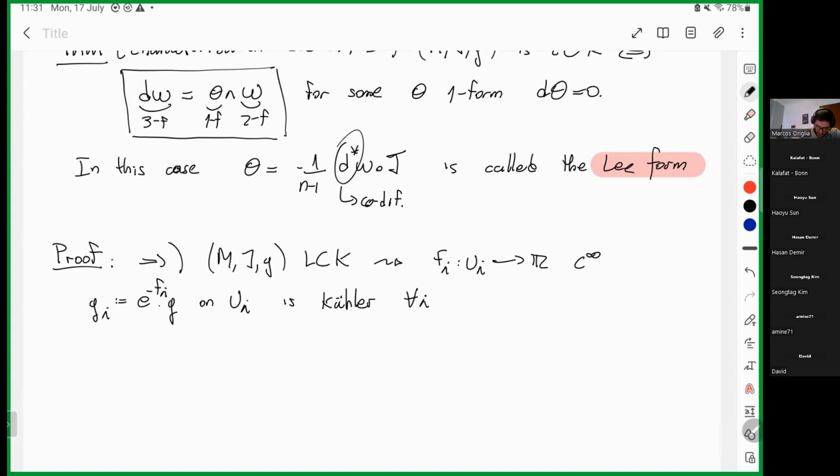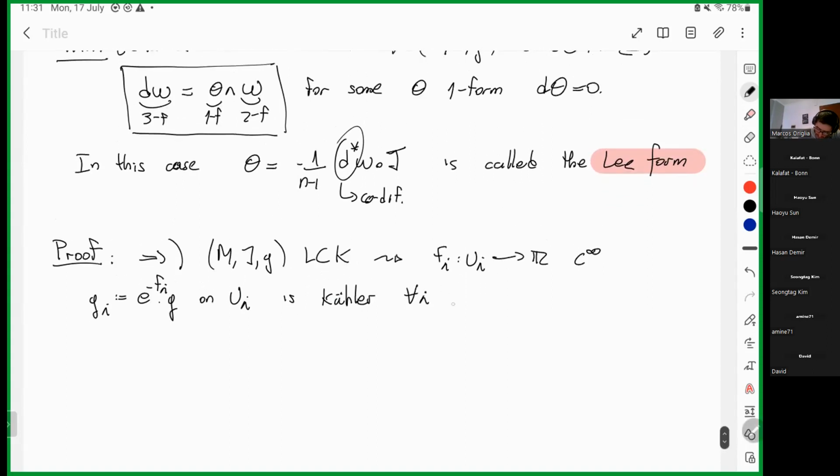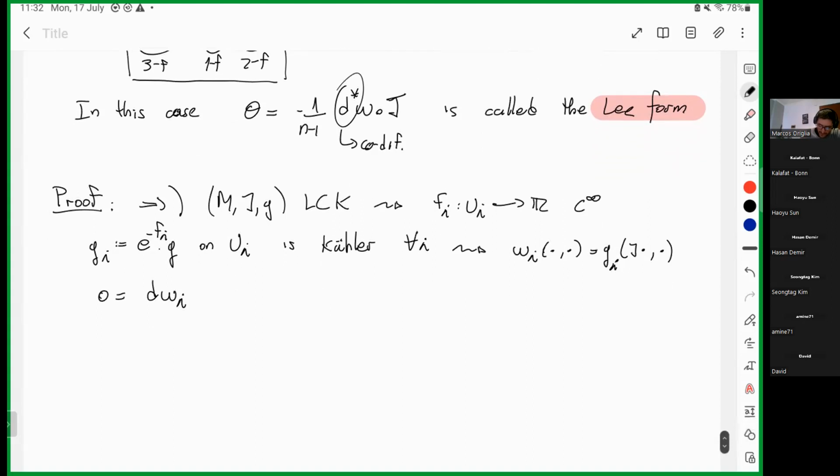That's the condition. It's Kähler, of course, on U_i, right? So it means that we have a local 2 form, defined by the local metric and the complex structure. And since this metric g_i is Kähler, what has to happen is this local 2 form is closed. So d omega_i has to be 0. That's the condition we have just from the definition of locally conformally Kähler.